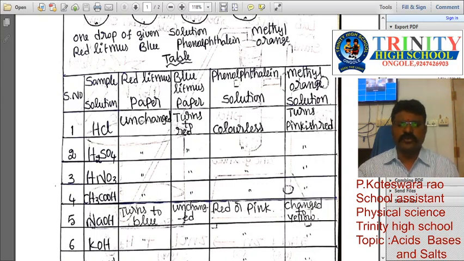We want to take 4 types of indicators. What are the 4 types of indicators?